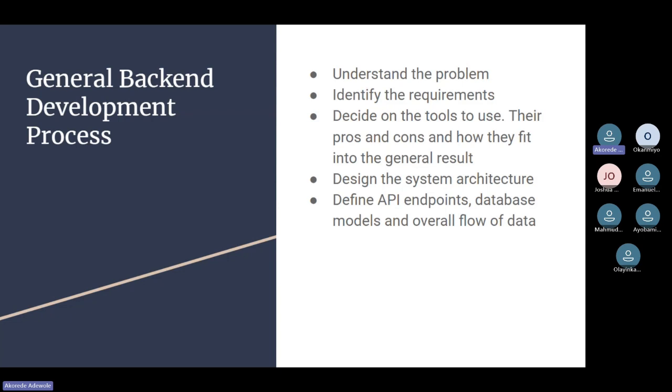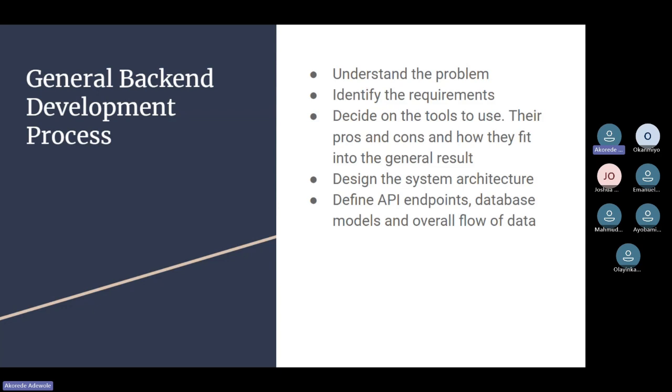You think about the problem, you identify what the problem needs, and you decide on the tools you want, because there are always different tools, ideas, and implementations for what you want to achieve. So you have to know how to weigh your pros and cons so that you pick something well optimized for your particular need.